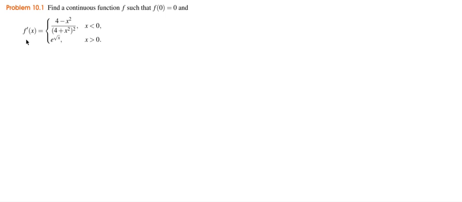So if f prime is like this, then f will be the primitive of this, 4 minus x squared over 4 plus x squared, one of the primitives, right?